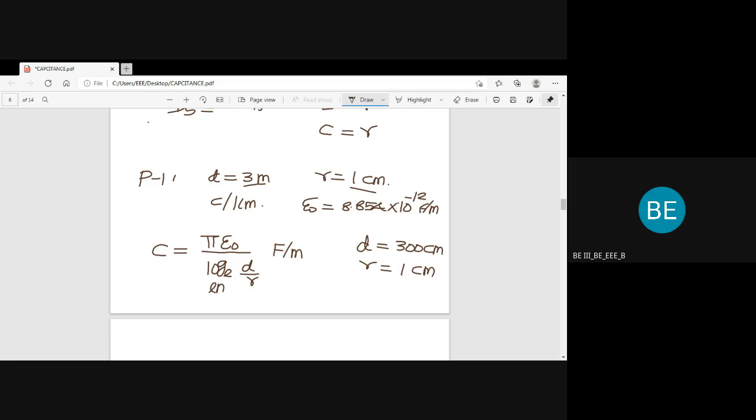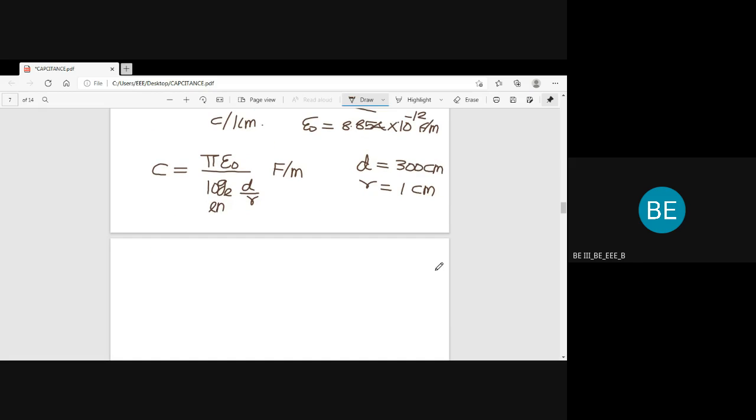So just tell me the capacitance value. Whatever you get in the calculator will be in terms of farad per meter, but I need it in terms of per kilometer. So just calculate and tell me the answer for this capacitance.